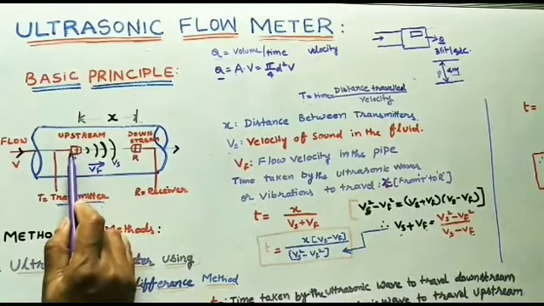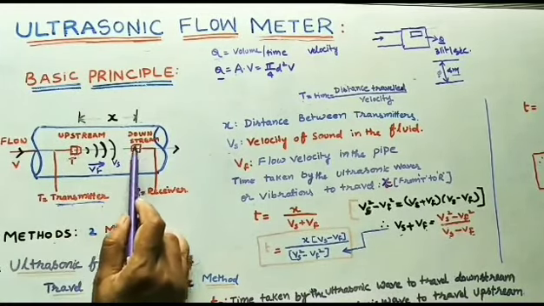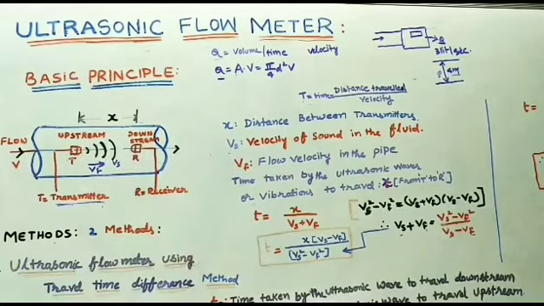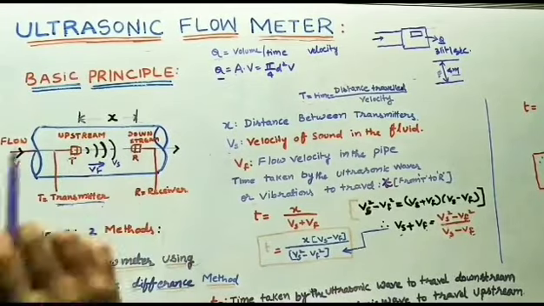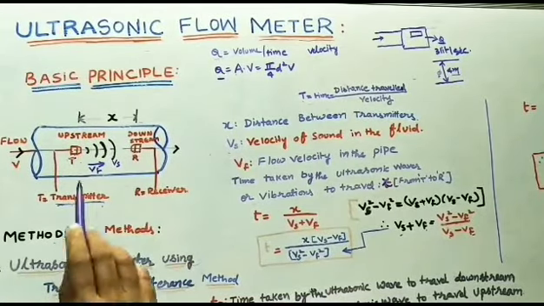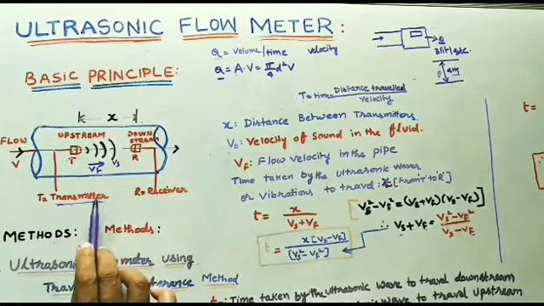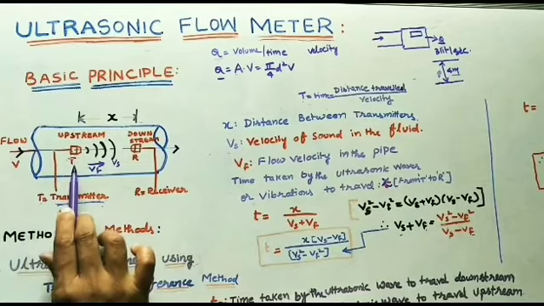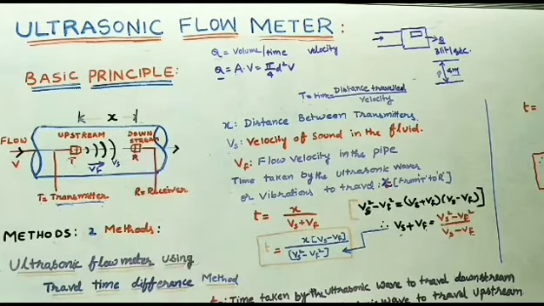The waves are created at this transducer, and the other transducer will receive the waves. Whatever transducer is creating waves, we call it the transmitter, that is T. Whatever is absorbing the waves, we call it the receiver, that is R.